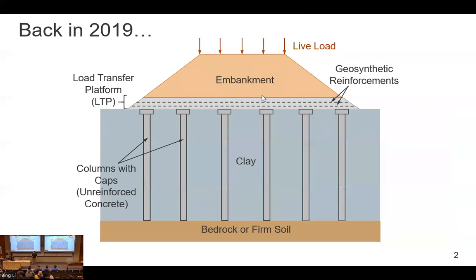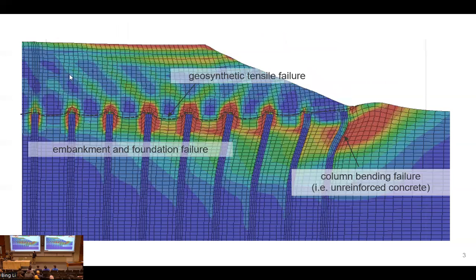Are you referring to the caps for individual piles or the caps for the group? Originally I think this is the individual pile foundation, but I'm not sure if it's a group pile. These caps are for individual columns. Here you don't see these individual caps. It was just a way to simplify the geometry of the analysis. Yeah.